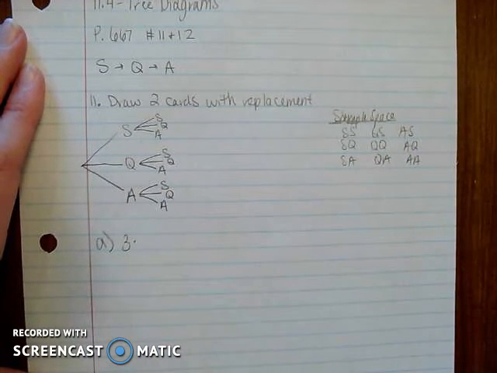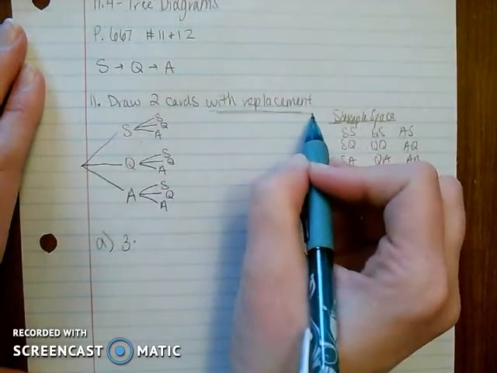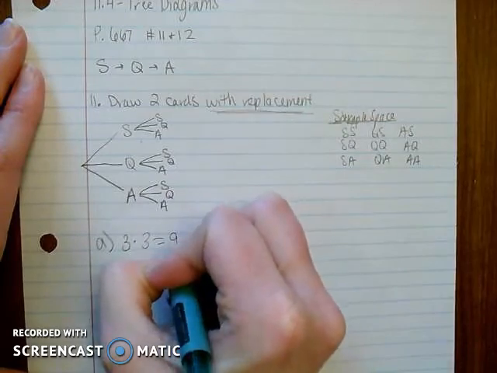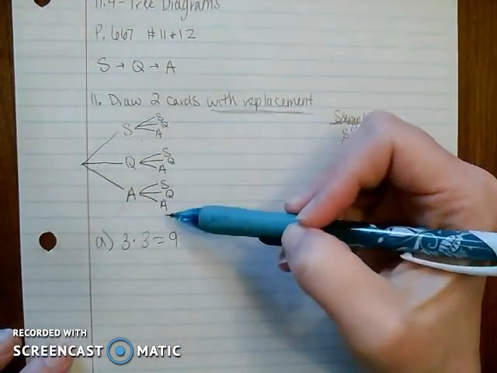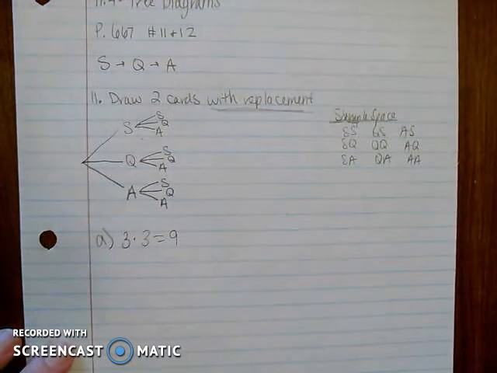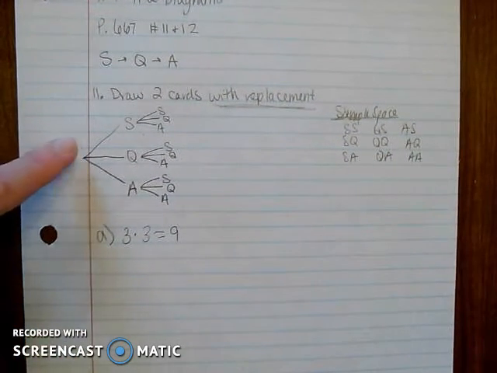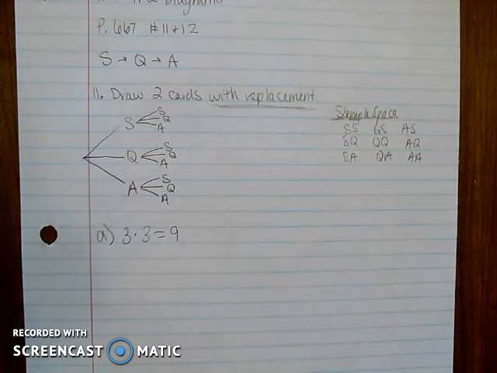Times how many can you get for your second card? 3 of them, since it's with replacement. So there are 9 possible outcomes. The other thing you can do is you can just go over here and count 3, 6, 9. All right, so whether you want to draw your tree diagram first or do the number of possible outcomes first, either way you should get 9 possible outcomes.